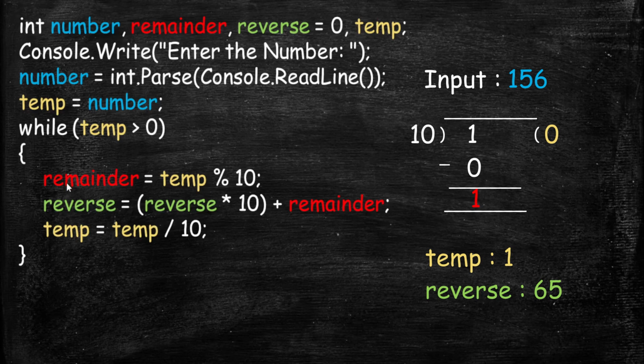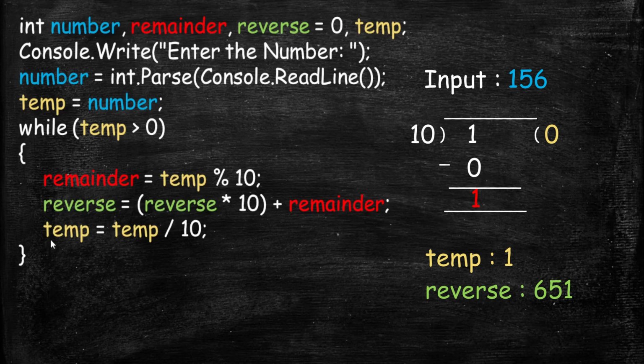And our reverse value is 65 multiplied by 10, which gives us 650, plus 1 gives us 651. So as you can see, it is reversed.